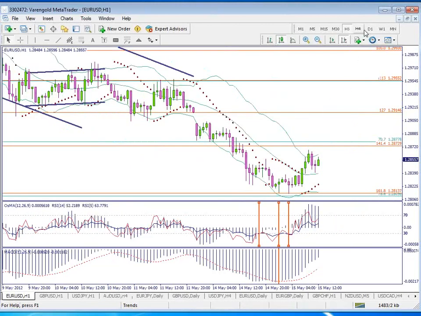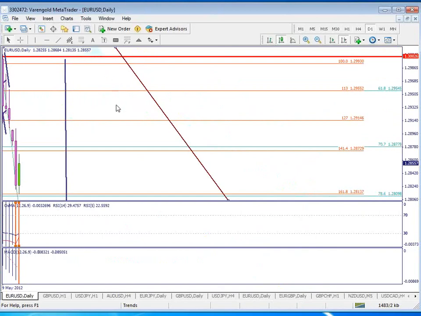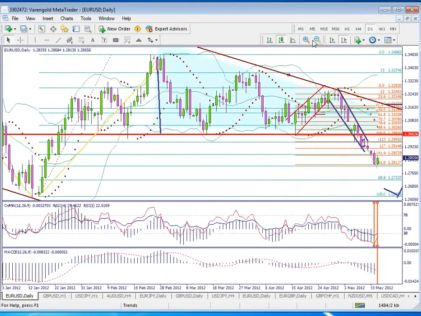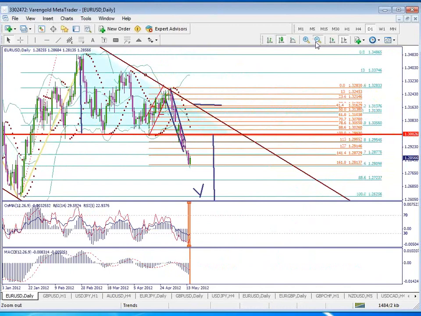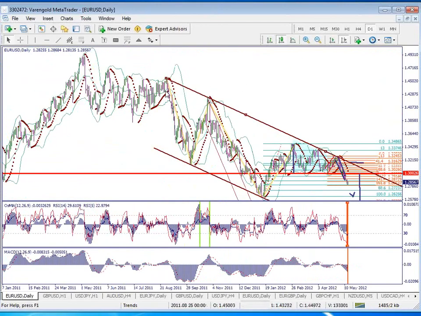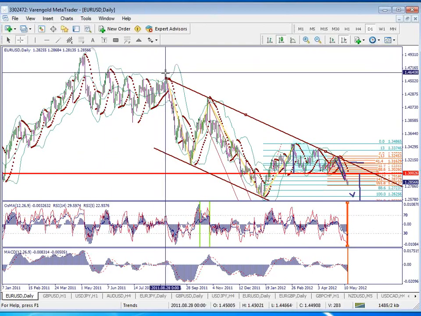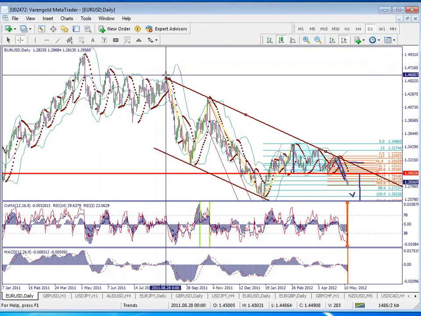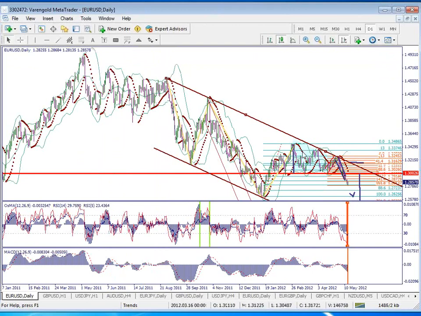I have to remind you that for euro, it was one cycle that started in August 2011, and probably this will be the final part.